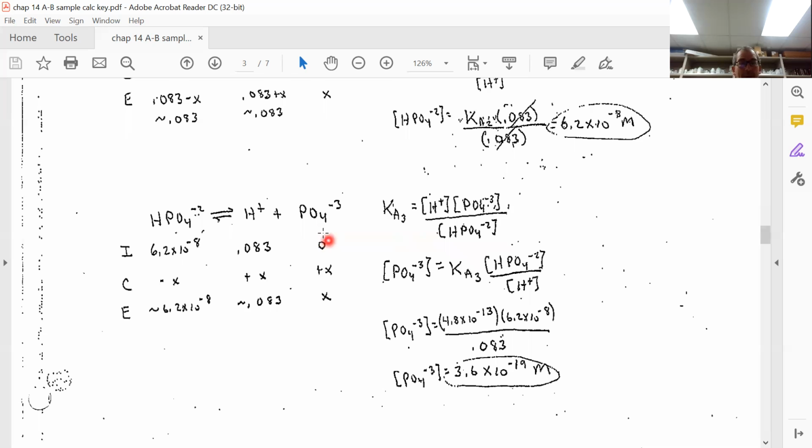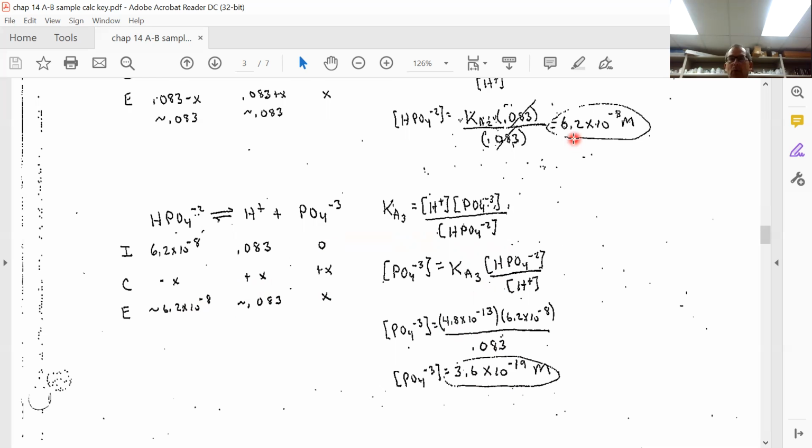I'm guessing this is going to be pretty small, and it ends up being pretty small. And ultimately, notice our assumptions, X can be insignificant compared to these. We plug things in, especially when you plug in that quite small Ka value, and we get 3.6 times 10 to the negative 19. So that one's going to be by far the least.